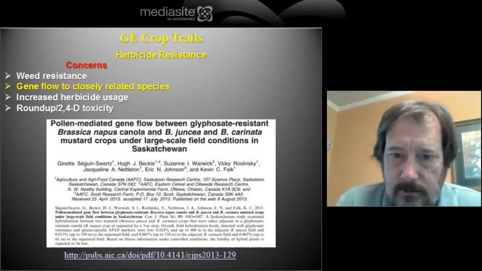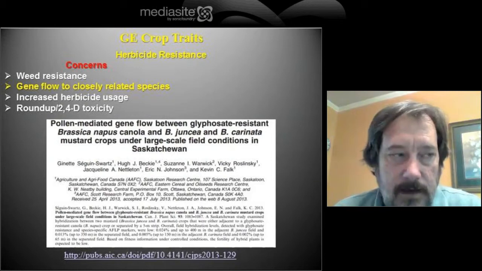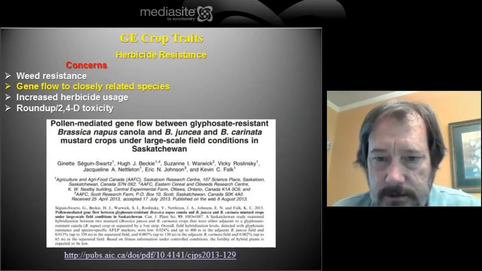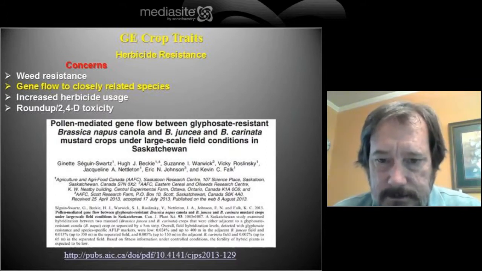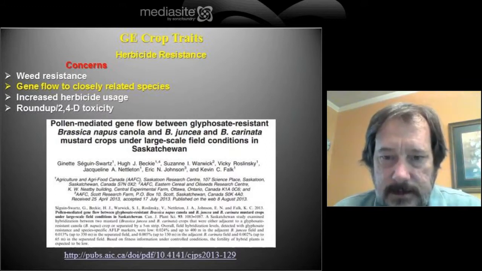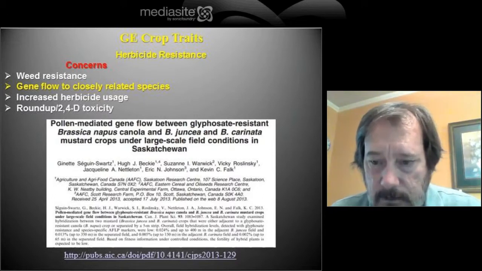So here we had a paper on gene flow from glyphosate-resistant canola to some wild mustards or brassicas. In this study, they saw that it did happen at low levels, but there was some gene flow.